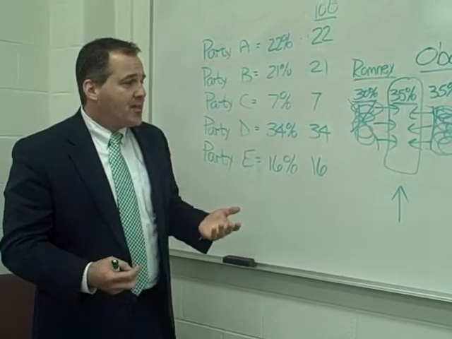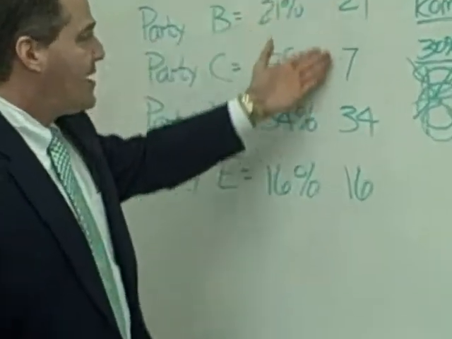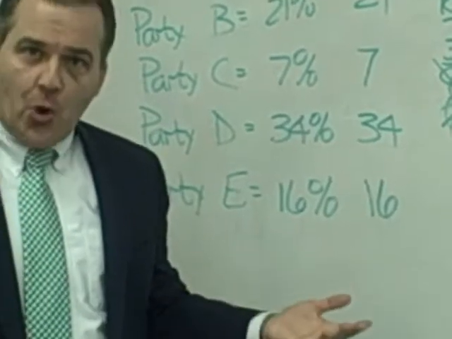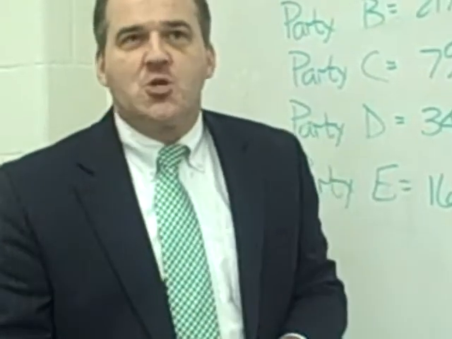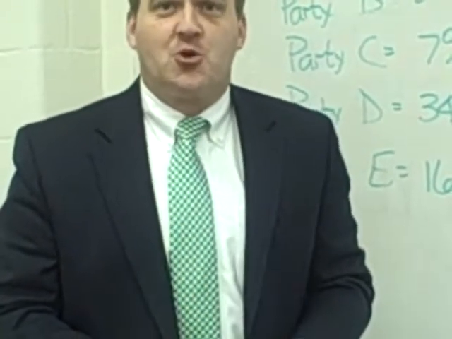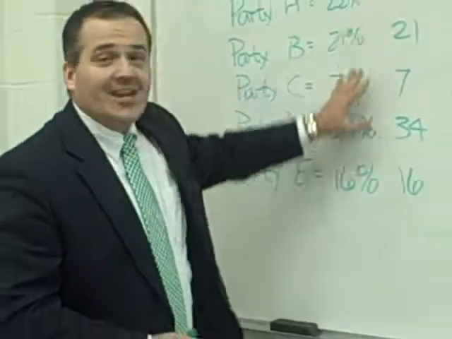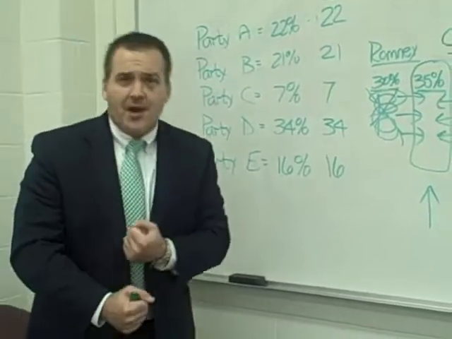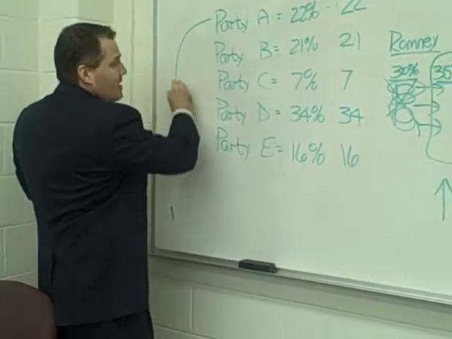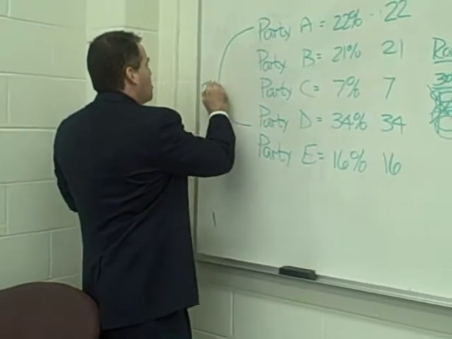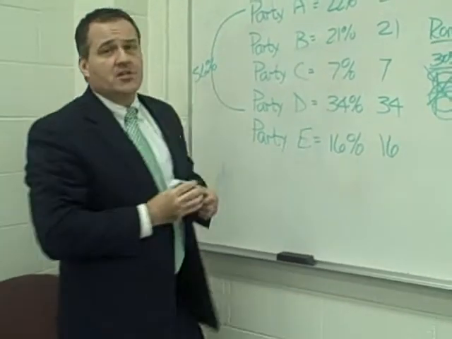Now the problem with this, while it's wonderful that it is very reflective of the voters, and it seems like a good idea, is there's an old phrase, too many cooks will spoil the soup. The more parties that get in the legislature, the more deal cutting that's got to go on. Let's say that Party A and Party D join so that they control 56% of the seats.